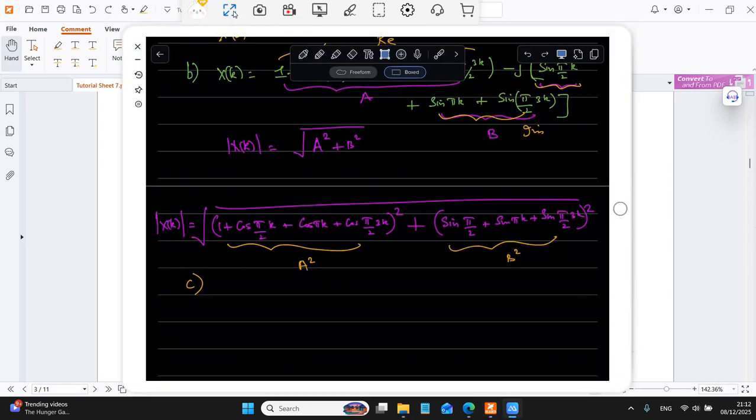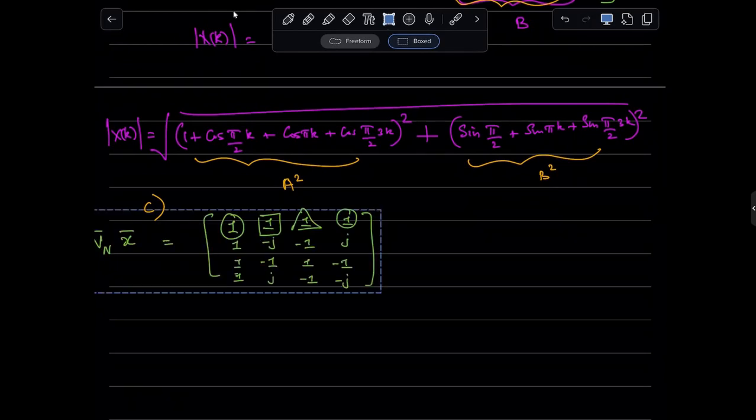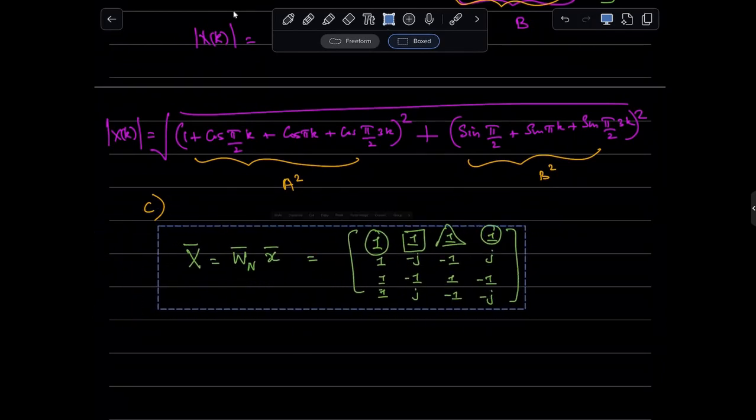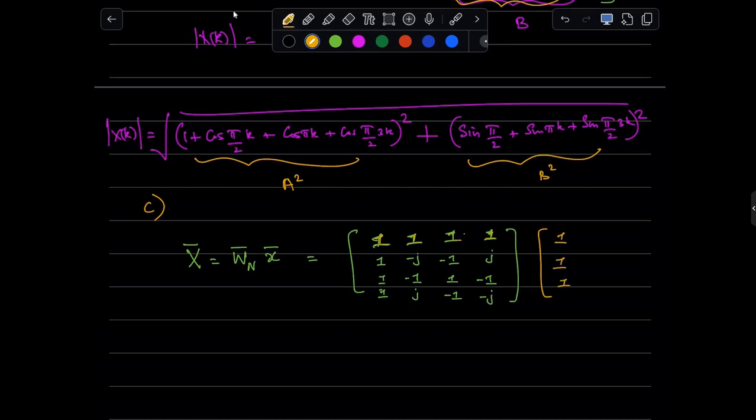I will take it from my previous question. So this is my W, and I will show you clearly, this is my DFT matrix, W N, and my signal is now 1, 1, 1, 1.